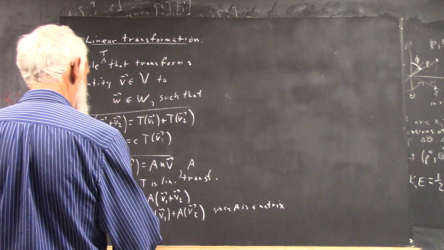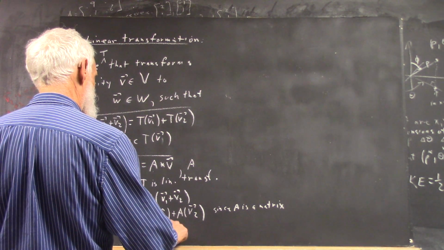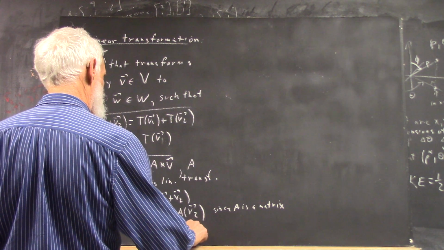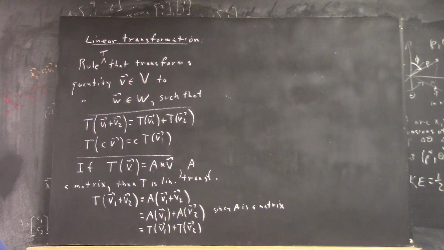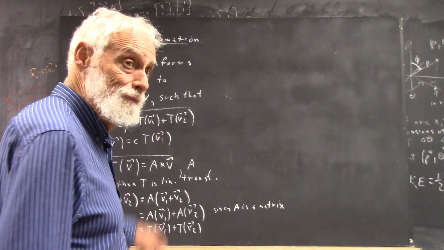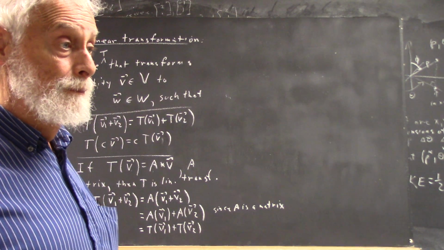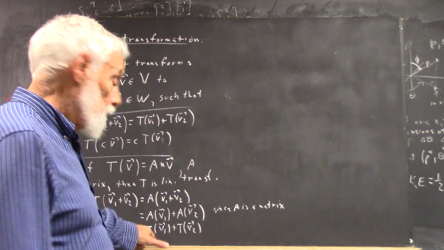And this equals then T of V1 plus T of V2. Since that's how we define T, right? So if T is defined by a matrix A, it's a linear transformation.